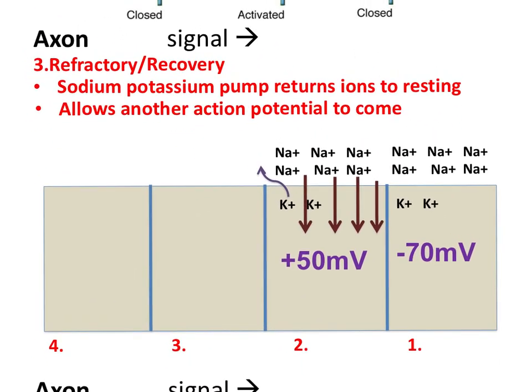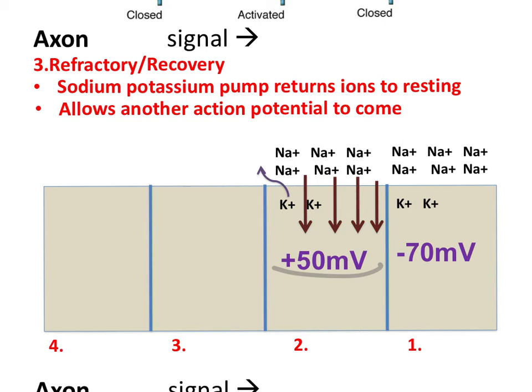Then, after those sodium channels have opened and we have a positive charge inside the neuron, we are then ready for the neuron to recover. So period 3 is called refractory or recovery.